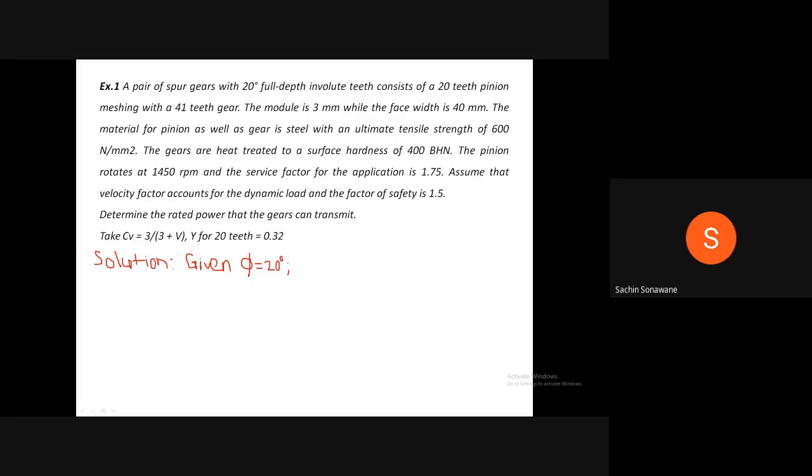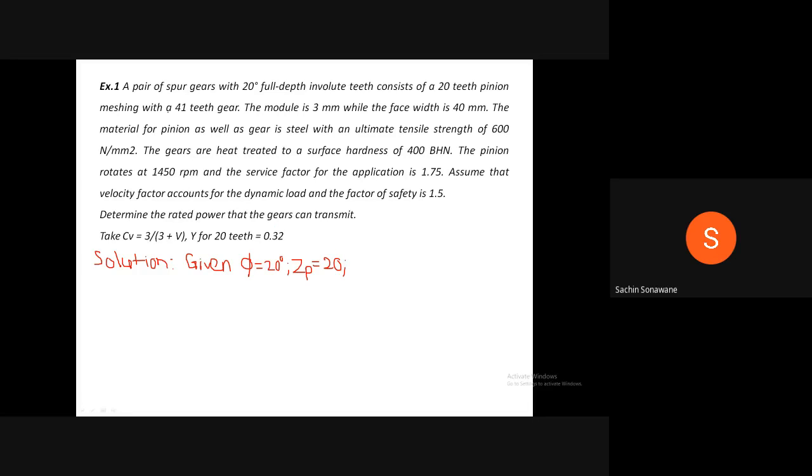Then next, they have given us that it consists of a 20 teeth pinion. Therefore, they have given number of teeth on the pinion, that is ZP. ZP, suffix P should be there, is equal to 20.